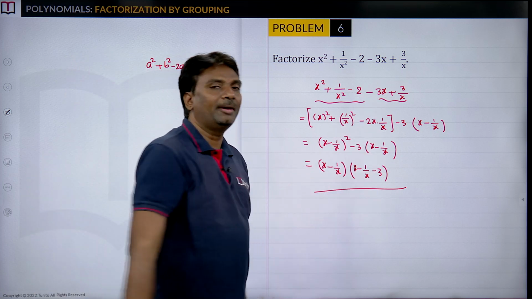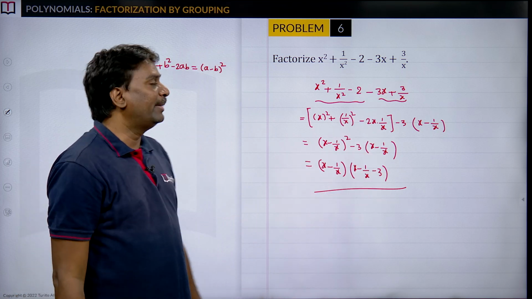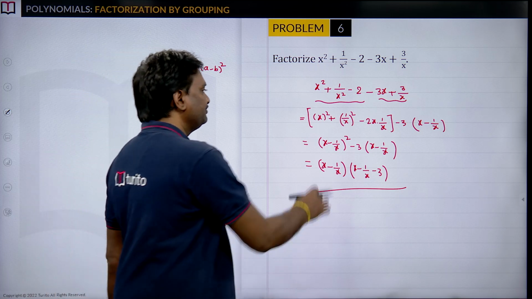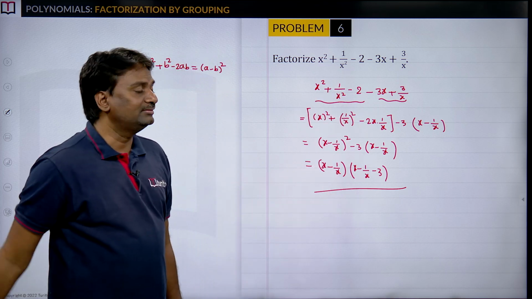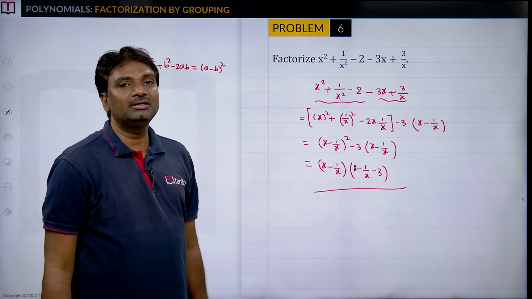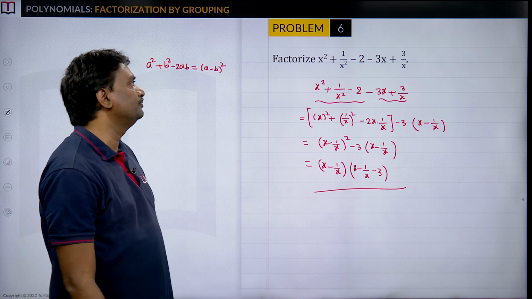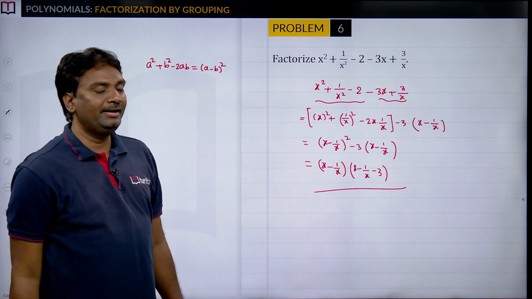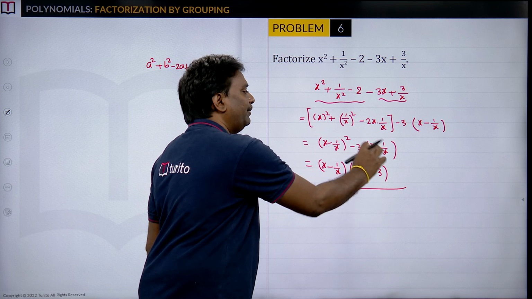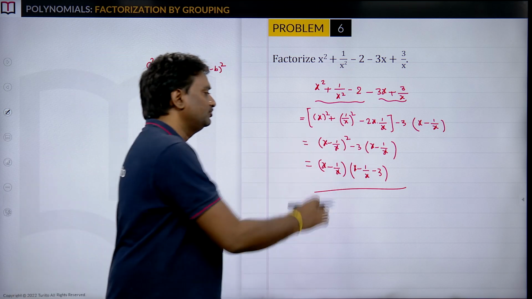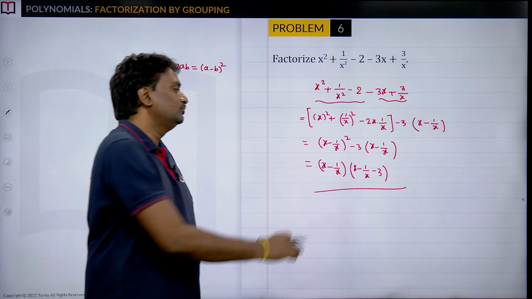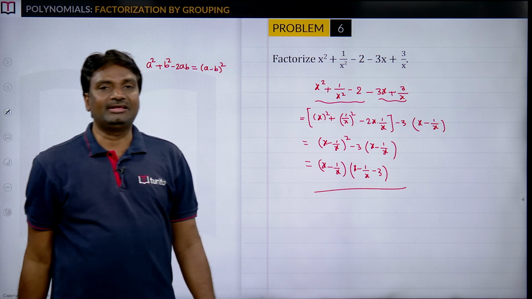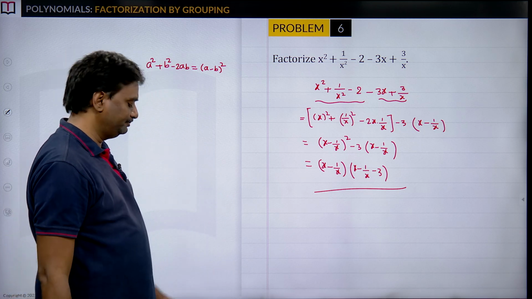From the last two terms minus 3x plus 3 by x, by taking minus 3 as common, we got x minus 1 by x. So, we can write these three terms as x minus 1 by x whole square according to the formula a minus b whole square equal to a square minus 2ab plus b square, minus 3 into x minus 1 by x. So, here we have x minus 1 by x, here also we have x minus 1 by x. So, take x minus 1 by x as common. From the first term we can write x minus 1 by x, from the second term we can write 3. Hope you understood. Next problem.